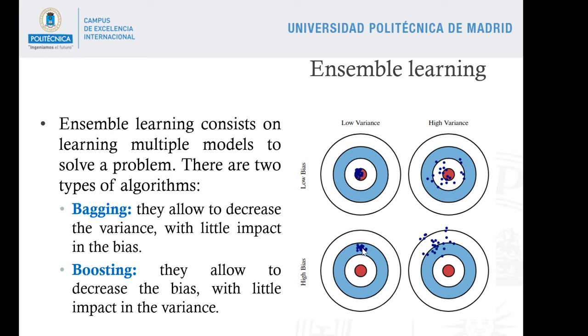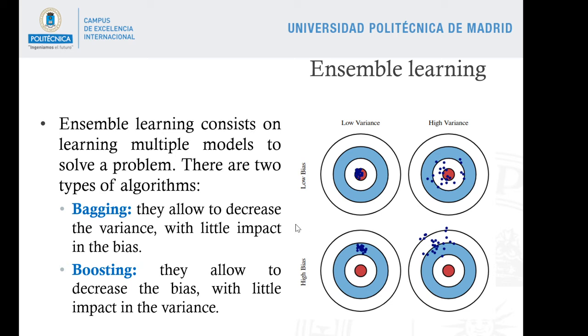For instance, those very simple trees, which are all pretty similar, we may move these points to here. Today we are only going to see the bagging algorithm, which is random forest, a very common classifier.